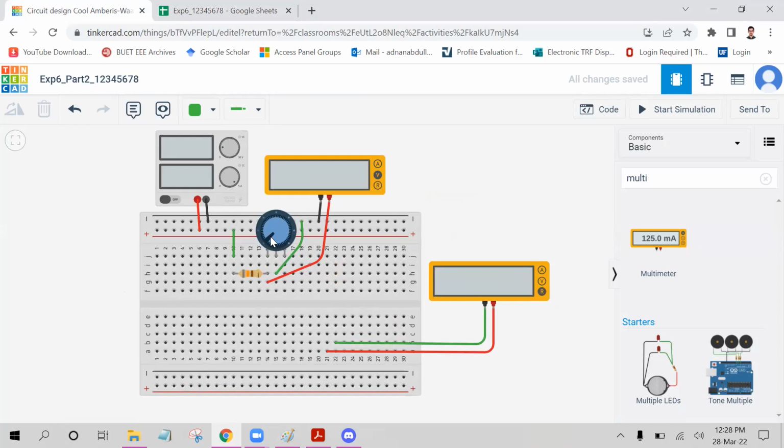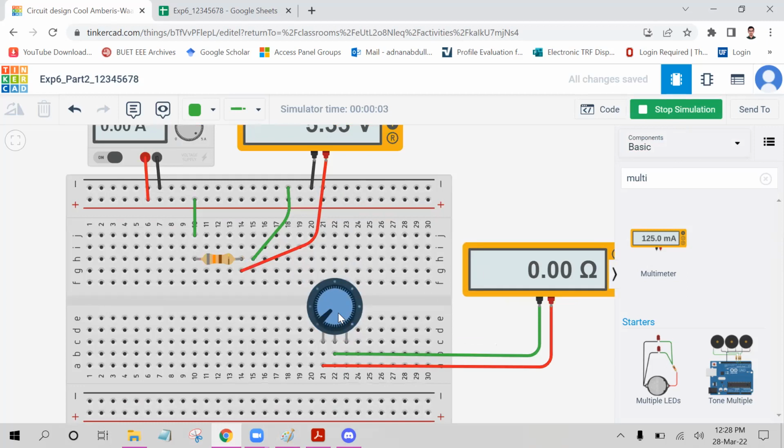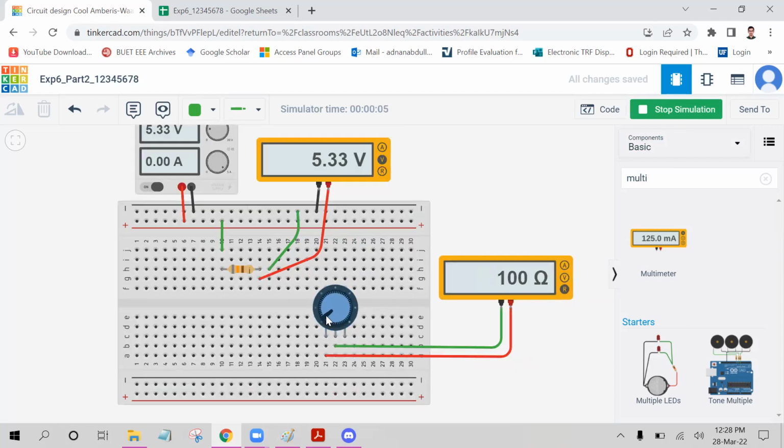If you move the knob slightly, you will observe a sudden change of resistance. So let me bring it again here to measure the resistance. Start the simulation and let's see what is the minimum value I can set here.